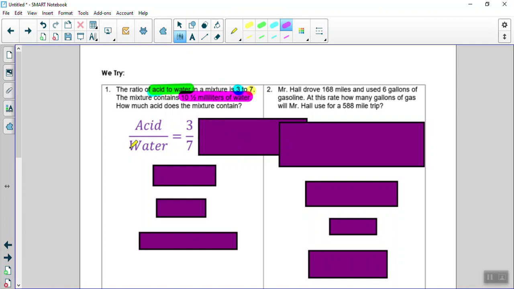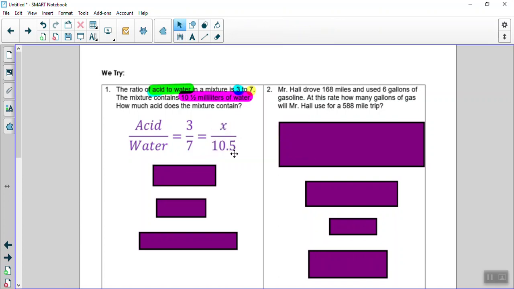So I put my water on the bottom, so I'm going to put my 10.5 on the bottom of my other side of my proportion. I want to make sure I'm setting up these words so that I'm putting my numbers in the right place. Acid to water, acid's on top, 3:7. Then again, they give us another measurement for water, 10.5, so I'm going to put that on the bottom with the rest of my water.